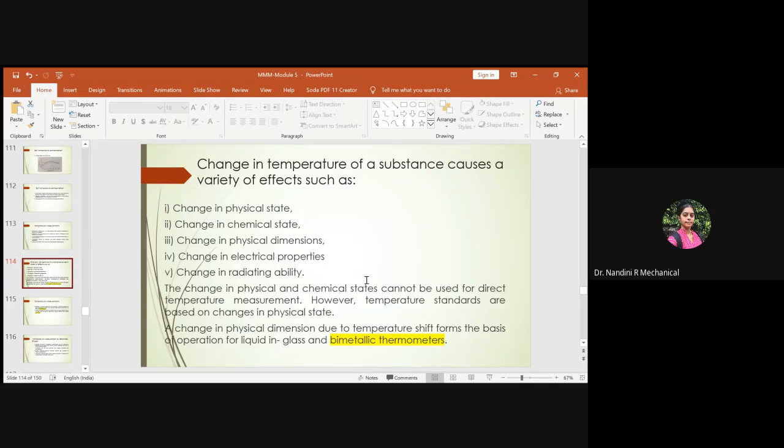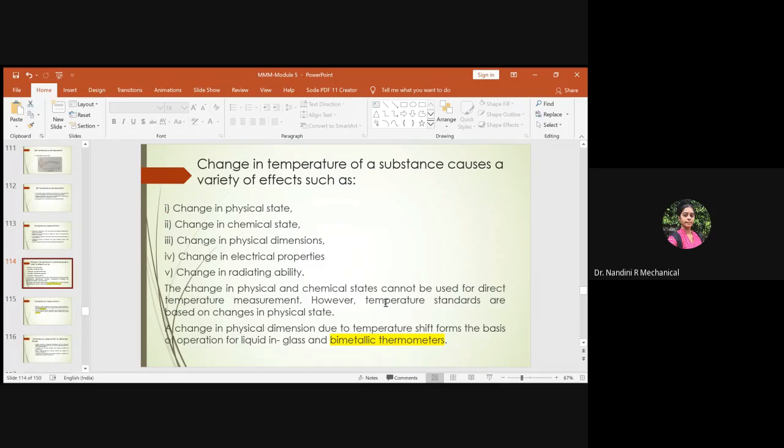So you cannot directly measure it. You should analyze what reaction has taken place, what product you are getting, and the amount of gas released. Hence this cannot be measured directly, and cannot come into the category of direct temperature measurement.